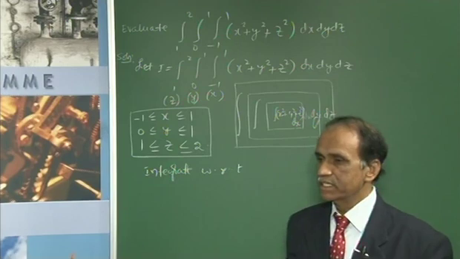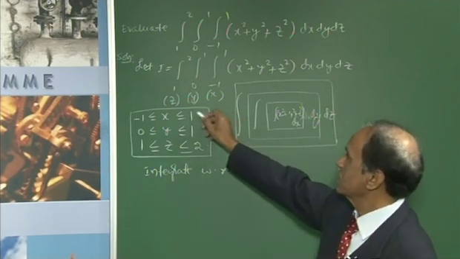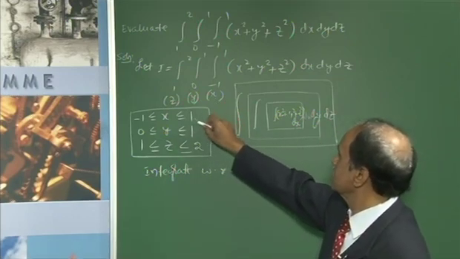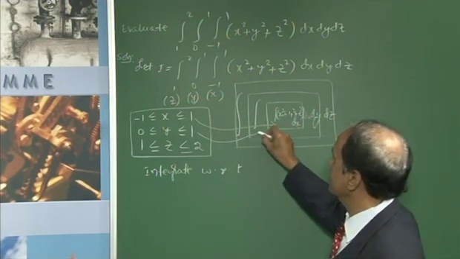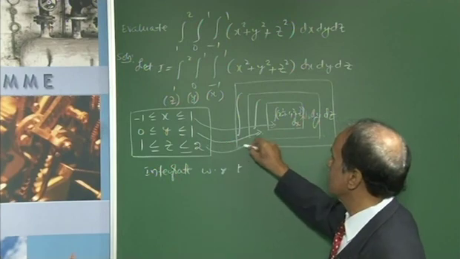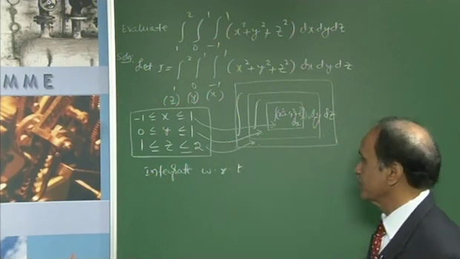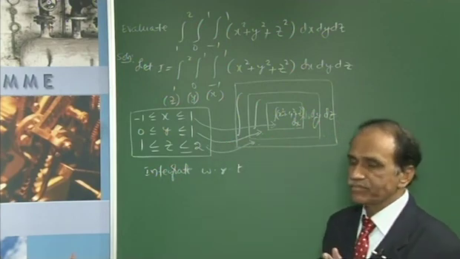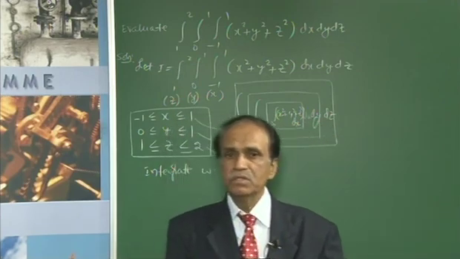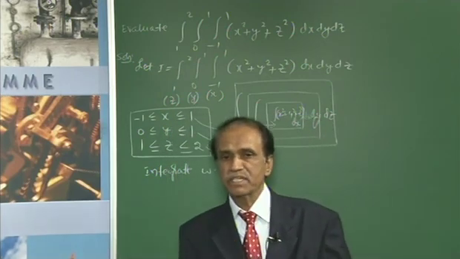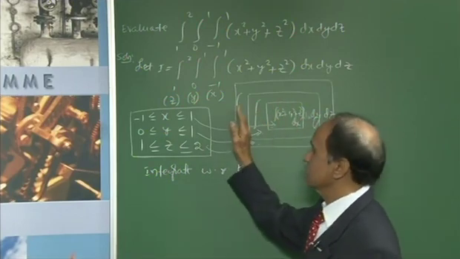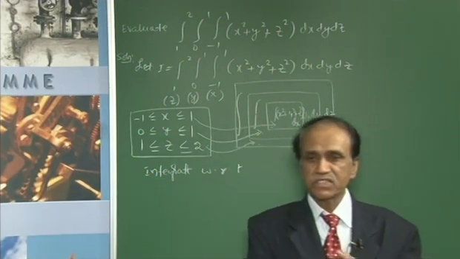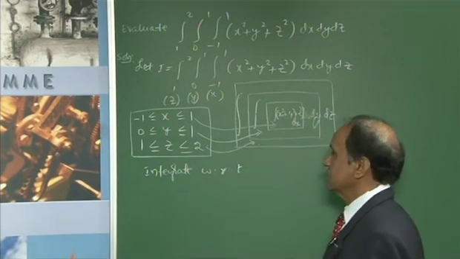Accordingly, this is for the innermost integral, this is for the second box, and this is for the third box. The application goes like this. You have to integrate the innermost parenthesis first, then its adjacent parenthesis, then the outermost parenthesis. This is the way you have to take the integration.